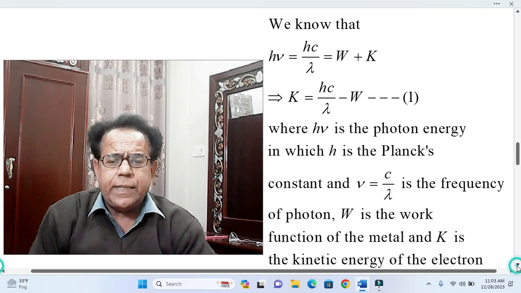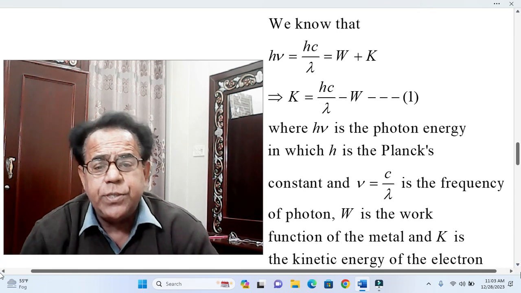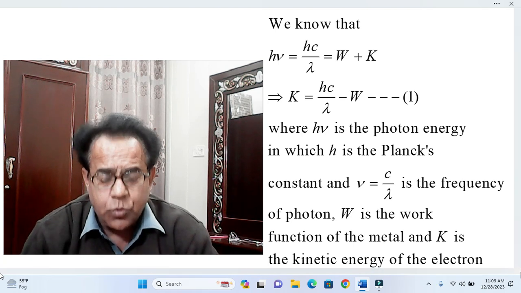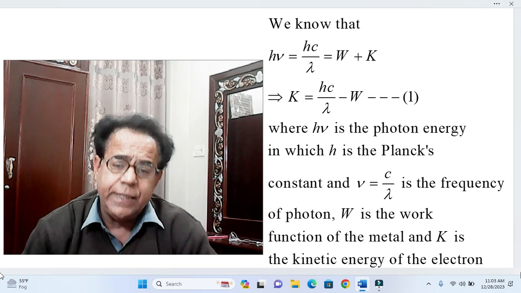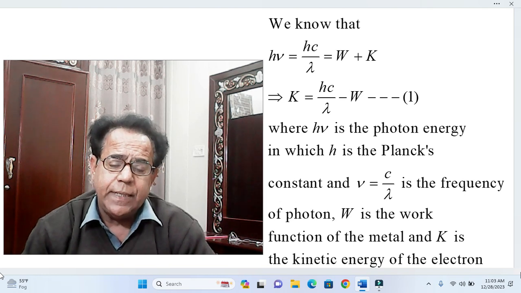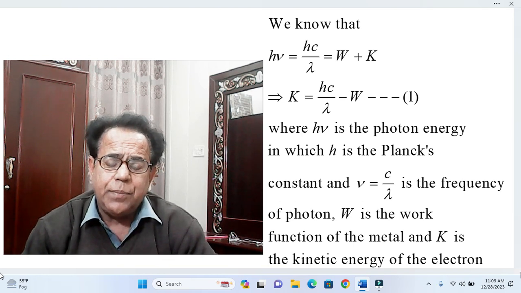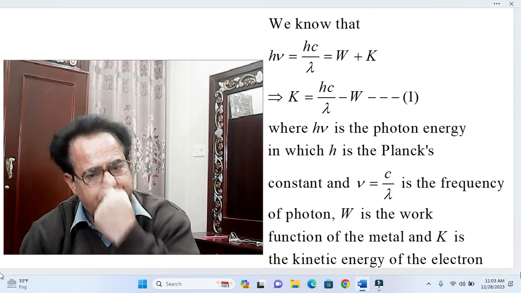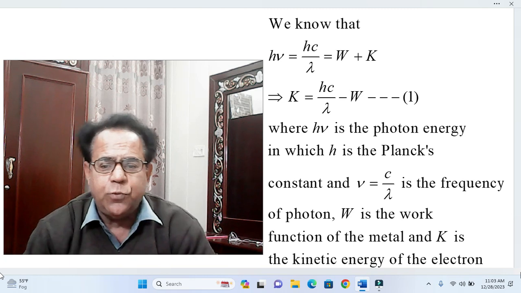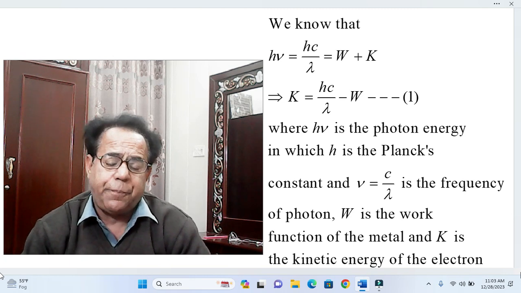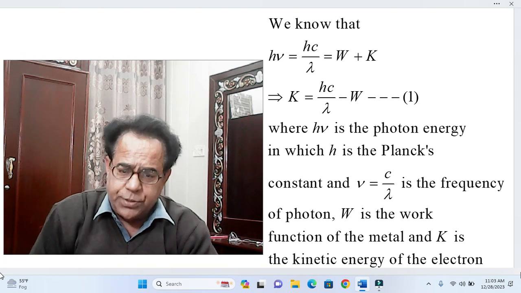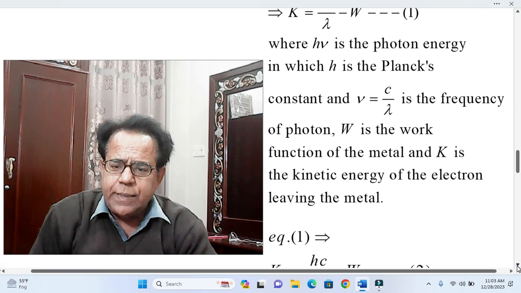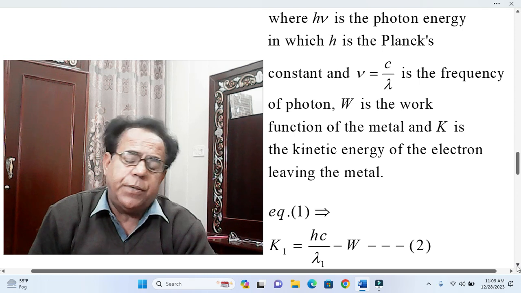We know that h nu is equal to hc over lambda, and this alternatively becomes equal to W plus K. Rearranging the above equation, we get K equal to hc over lambda minus W, equation number 1, where h nu is the photon energy, h is Planck's constant and nu equal to c over lambda is the frequency of the photon.